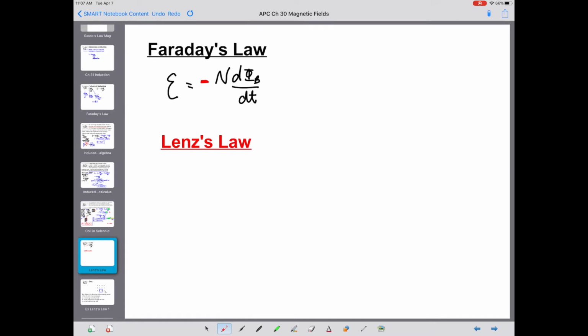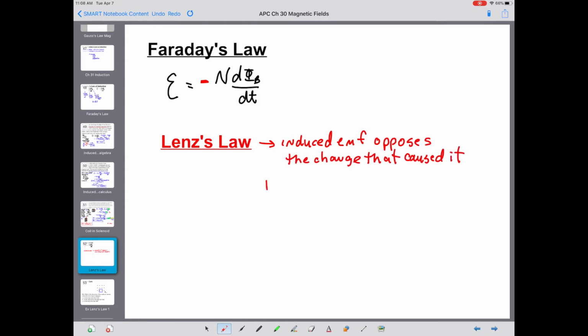Hopefully in the investigation you recognized that the induced direction did change based on whether the magnet was moving towards the coil or away from the coil, or what pole of the magnet you had and what direction it was moving in. That negative basically means that your induced EMF opposes the change that caused it, or our slogan, fight the change. Whenever you induce an EMF, it will always be in opposition to whatever the change is.